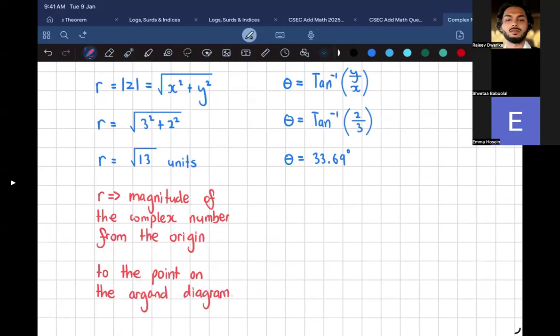And theta is just the angle with reference to the real axis, and the magnitude.